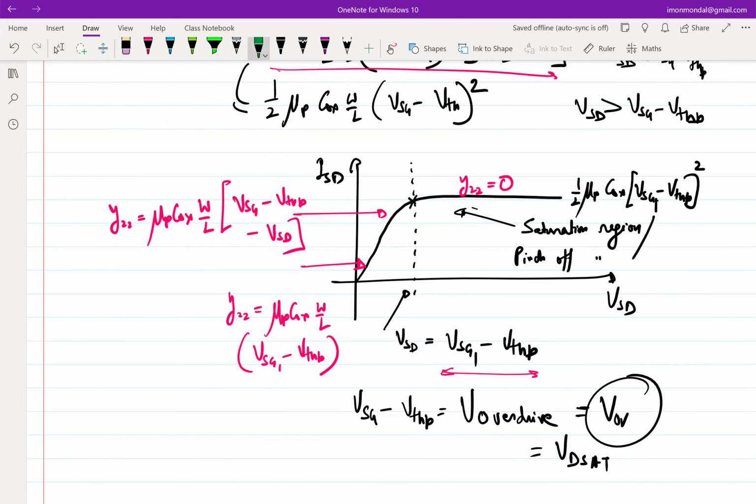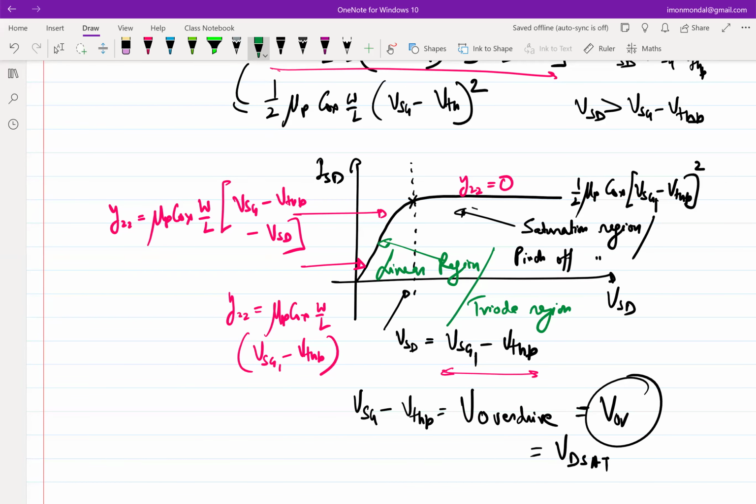This region of operation, where the current is almost linearly changing with respect to VSD, right? It's actually a parabola, but for very small values of VSD, it's almost linearly changing. So that is called the linear region of operation of the device, right? So this is called linear region. And this is also sometimes called triode region of operation, because these nomenclatures came from the days of cathode ray tubes.